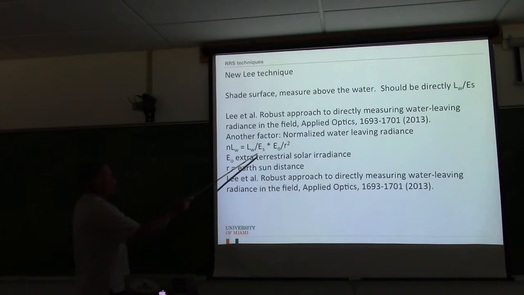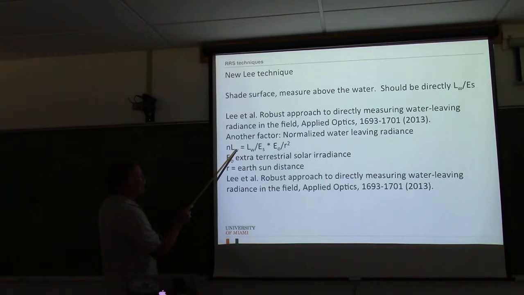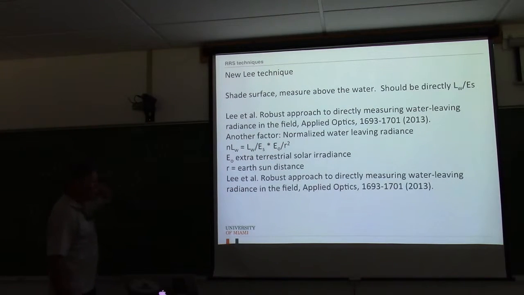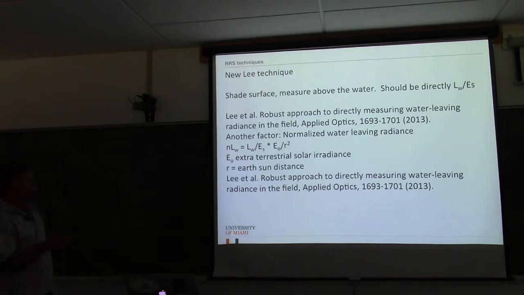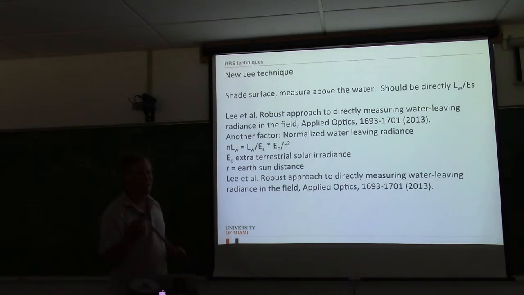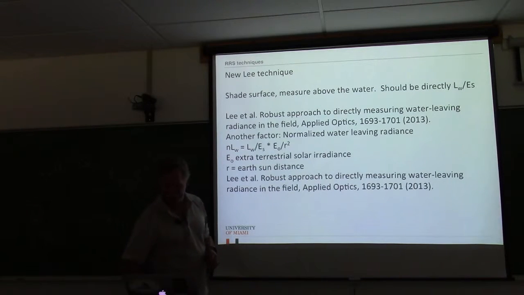So this is trying to normalize the water-leaving radiance by the Rrs that you got before, and then multiplying back in how much irradiance would have been falling on that surface without an atmosphere and such. I think Kurt's going to talk a lot more about all these different normalized water-leaving radiances.